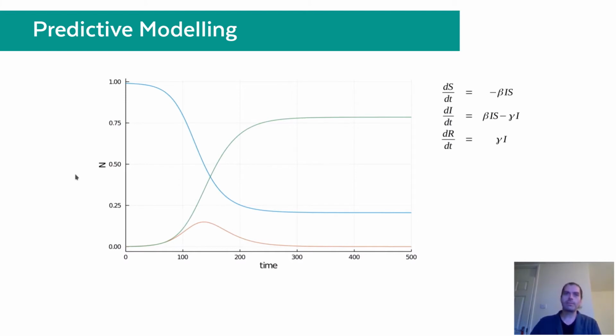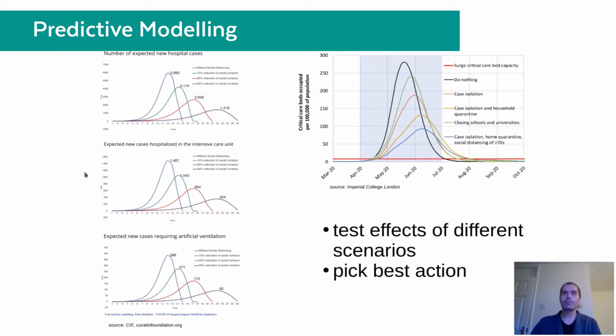So this, for example, is a very, very simple classic epidemiology model. It's called an SIR model, with a susceptible, an infected, and a recovered or removed population. Models like that, in a much more sophisticated form, have actually been used in the real world by governments to find out which scenarios would be most advantageous.